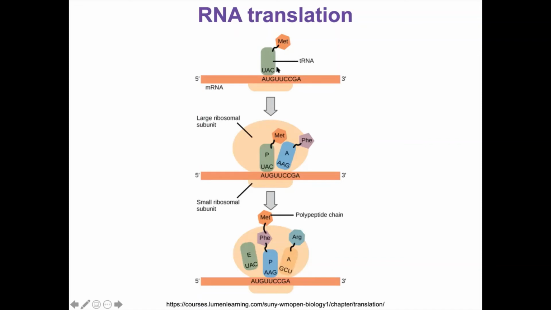So as that tRNA first binds, the ribosome will continue to move 5' to 3', and then the next tRNA will come in that is complementary to the next codon, and it will bring its associated amino acid. And then these amino acids will be joined into a polypeptide chain.